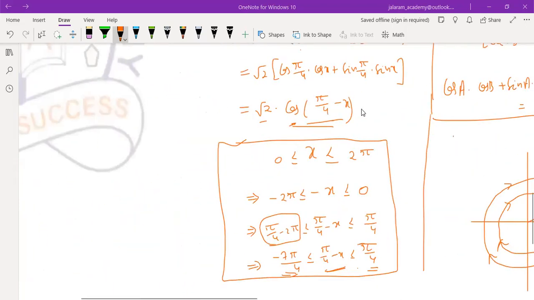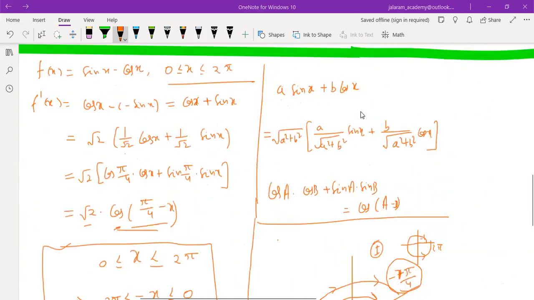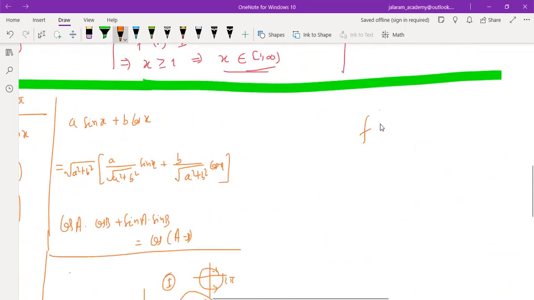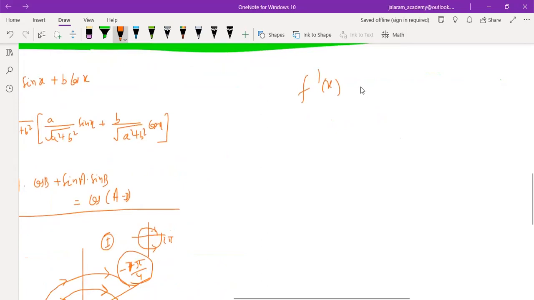And if f dash x is positive for all x lying between 0 to 2 pi, this we have proved.